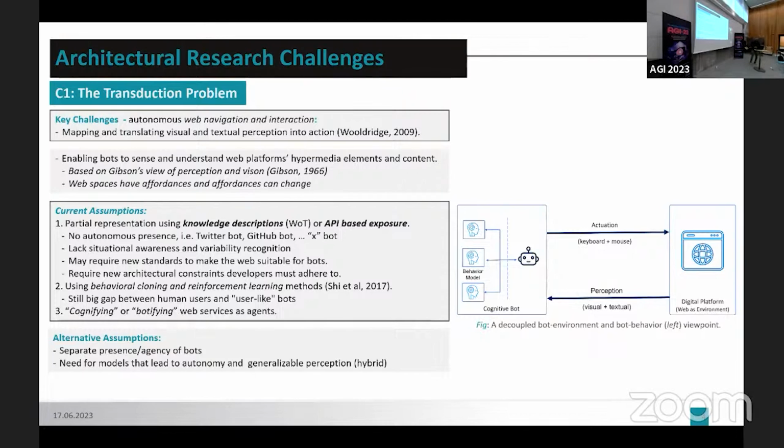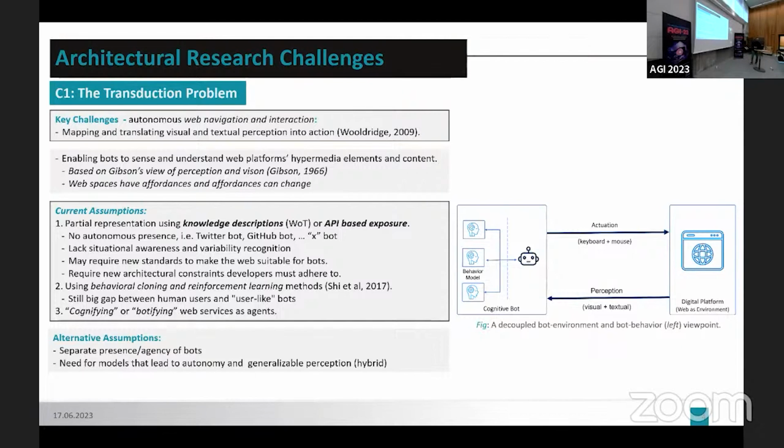As I said before, there are current assumptions. For example, the current way to do this could be based on API-based exposure, representing the environment partially, or on knowledge description. In the Web of Things, they use what they call a thing description. This works somehow, but it's not autonomous.